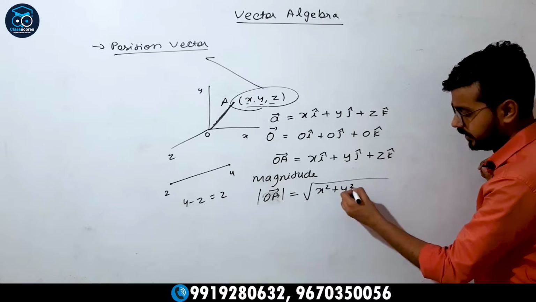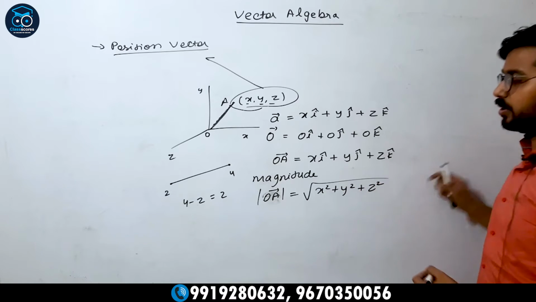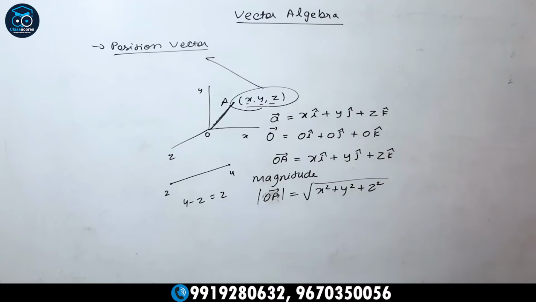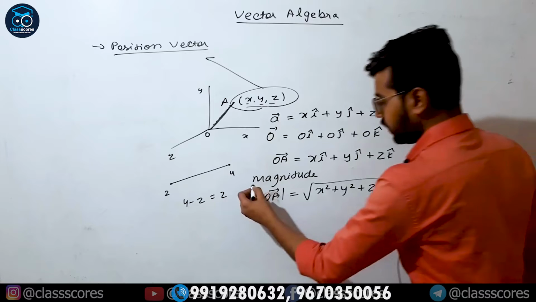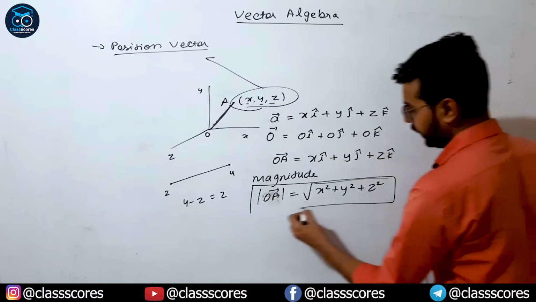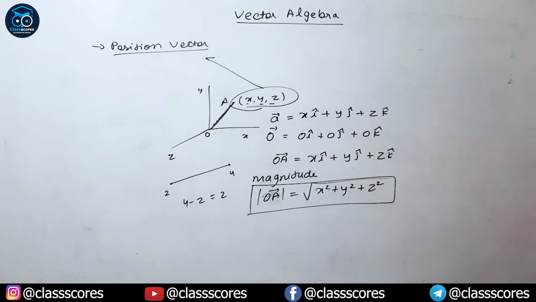It will represent the magnitude of any vector. So this is the magnitude of the given vector. It also gives the length of that line segment. Clear?